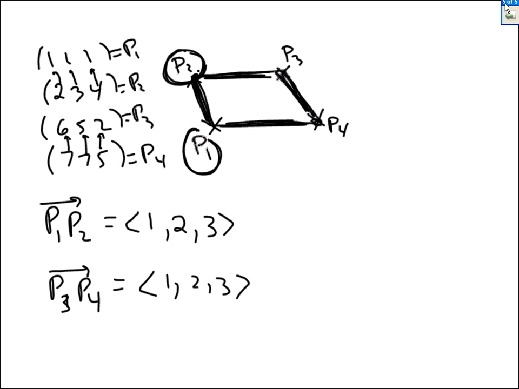That is, if the origin happened to be here, P1, P2 would come here, and P3, P4 would be right on top of it. They're parallel and the same length. Well, is that enough?